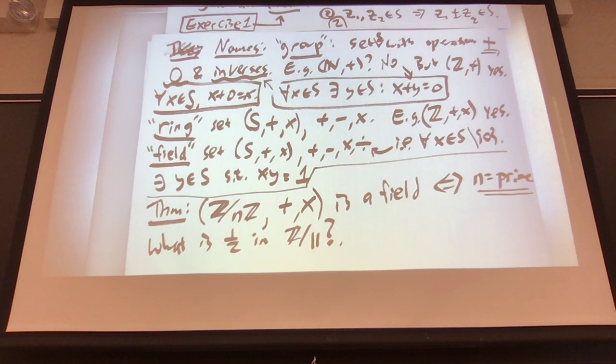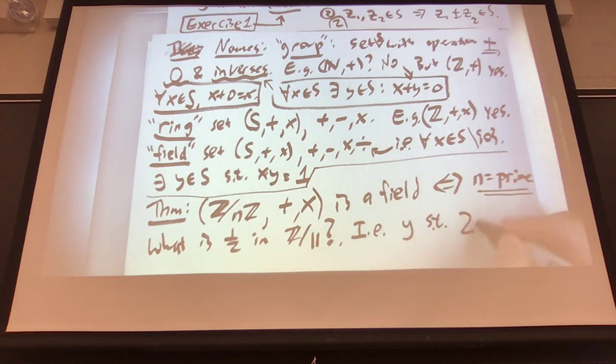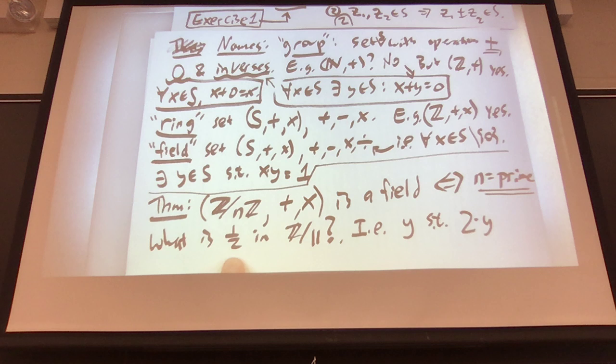So think about that. What should that mean? That is, a number y such that 2 times y... what does it mean to be a half? A half is a number that when you multiply by 2, you get 1. So I want 2 times y to be 1 mod 11.